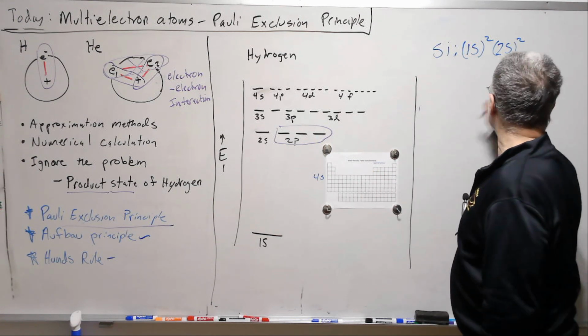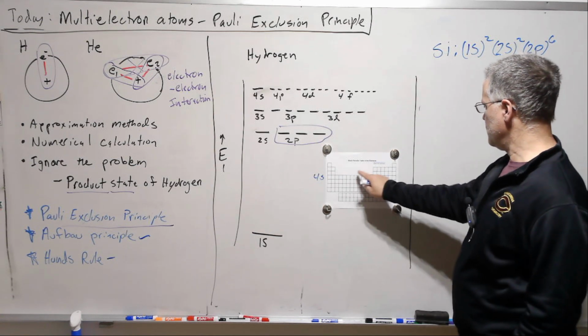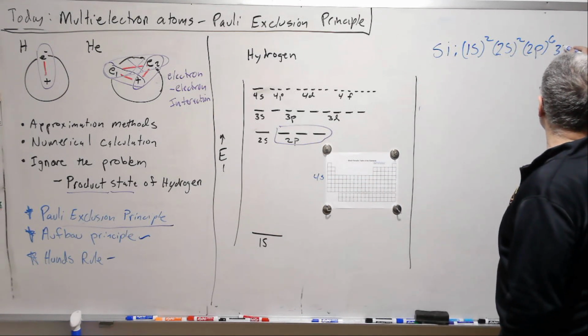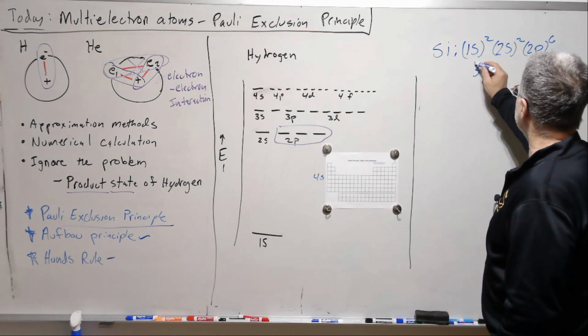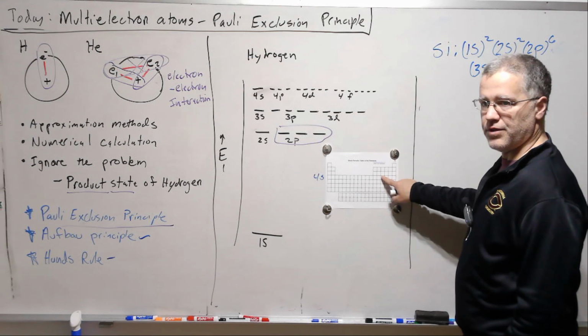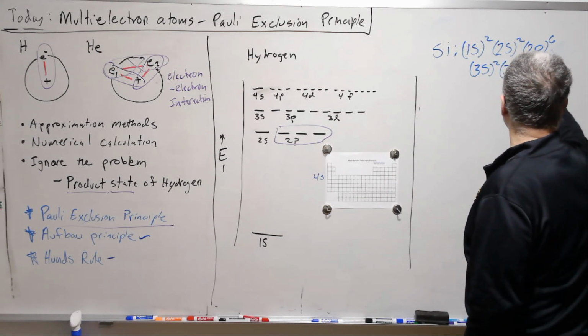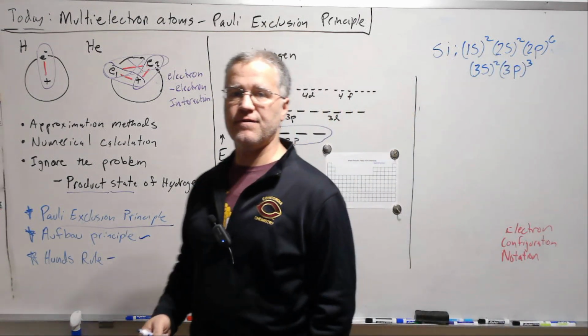Then we get 2p6. Then we come up here, I'll write it down here, 3s2, that's there, and then we go 3p3. And that's the electron configuration for silicon.